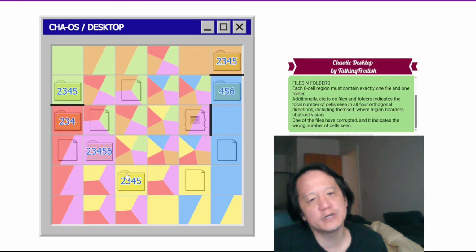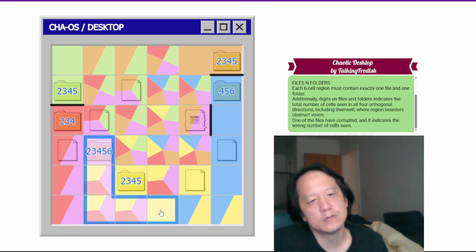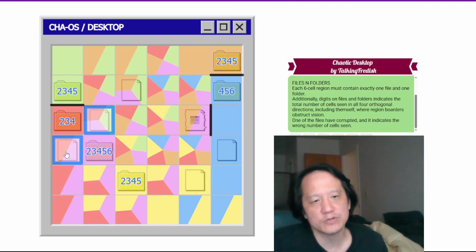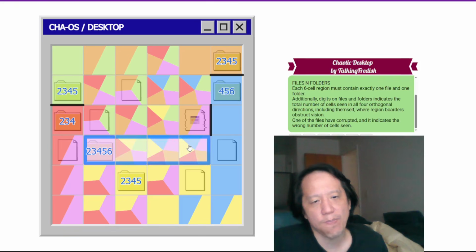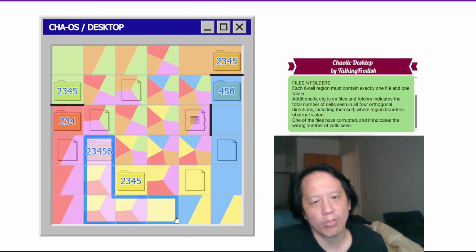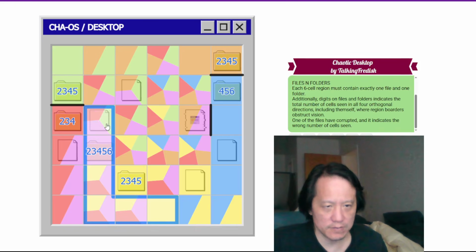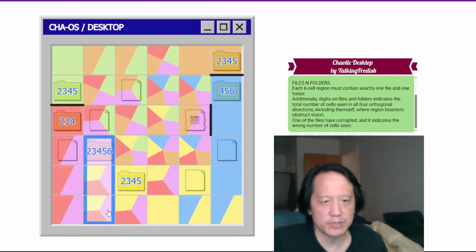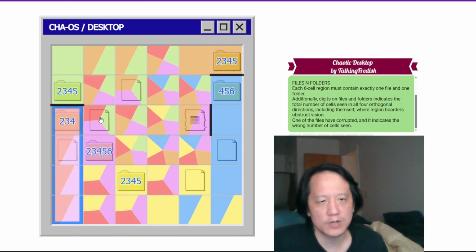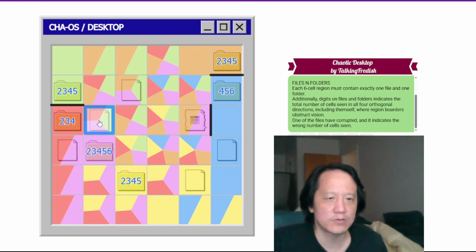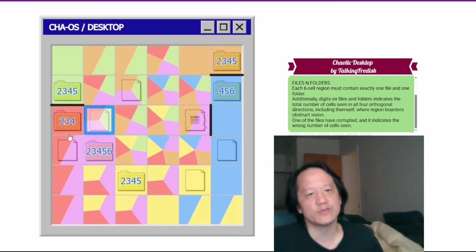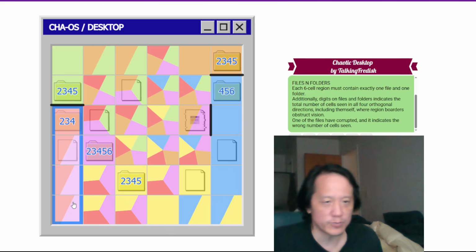Why couldn't this be pink again? Because it can't access one of these files. Because red would have to go this way, but then pink would be blocking here. And then pink would also have to... Pink or green would have to be here, and red would not be able to form a 6-cell region.